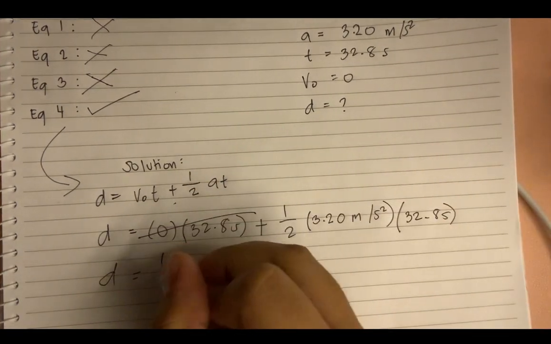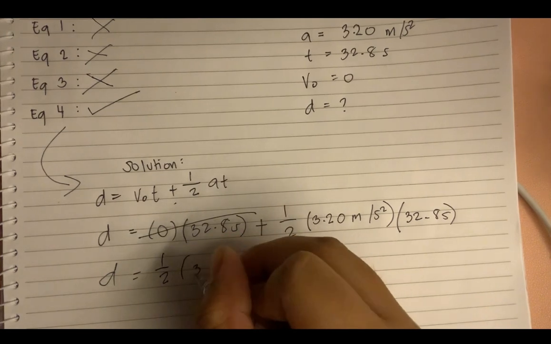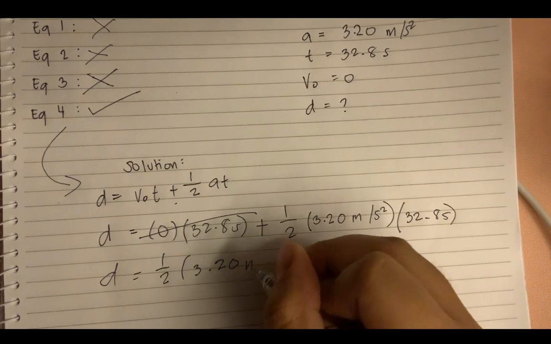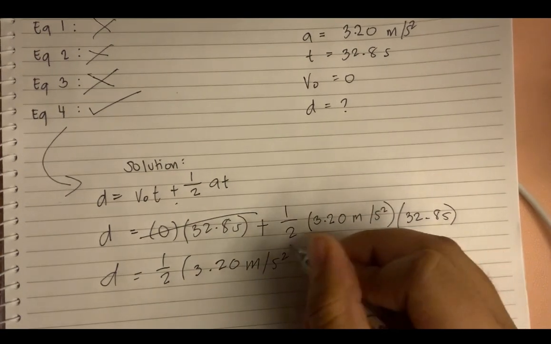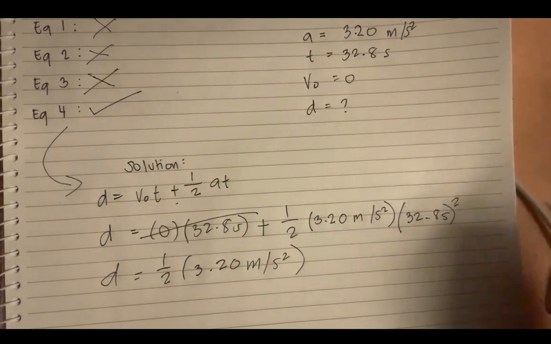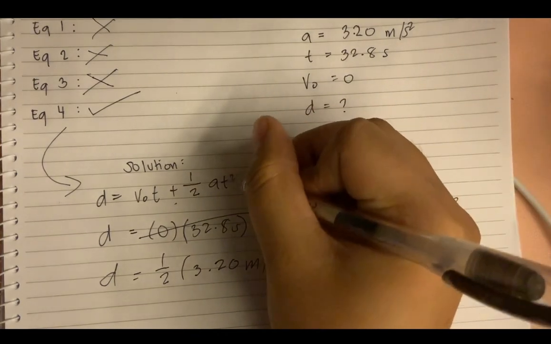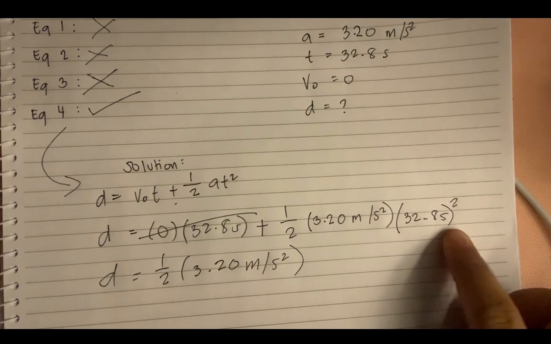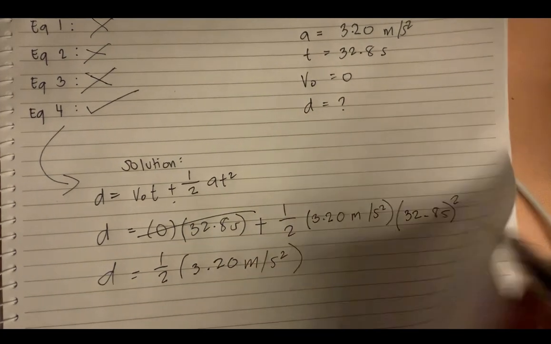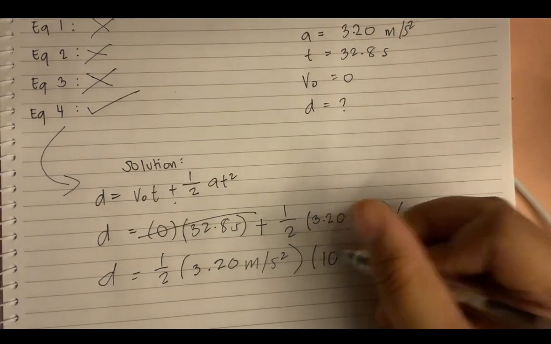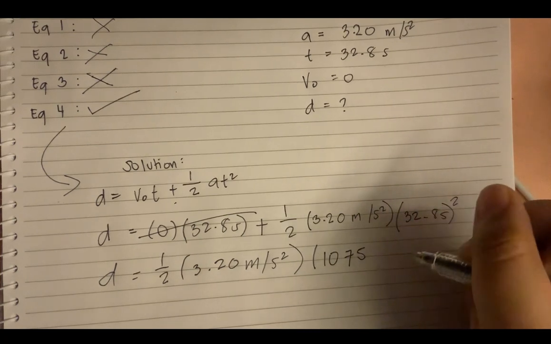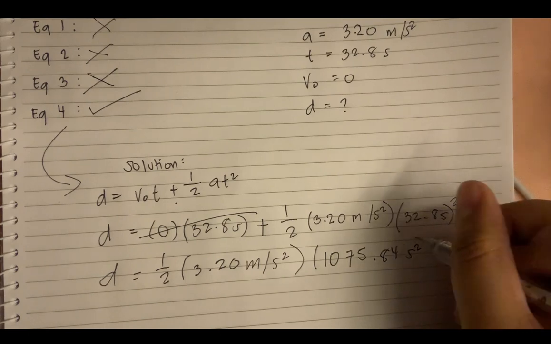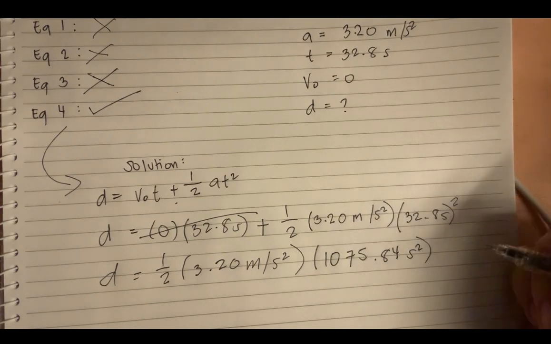So it becomes 1/2 times 3.2 meters per second squared. I forgot to put the square on the equation, but there is a square there. So 32.8 seconds squared is equal to 1075.84 seconds squared.